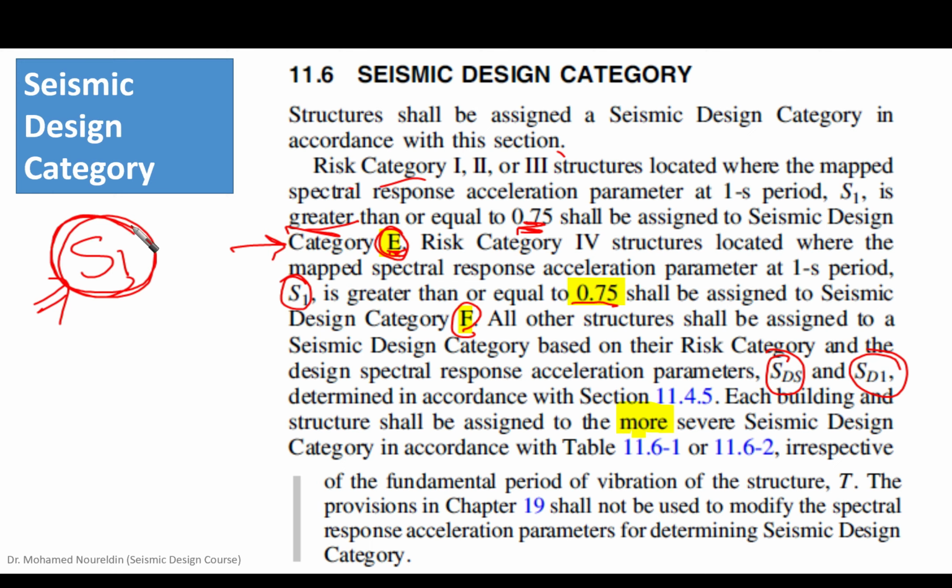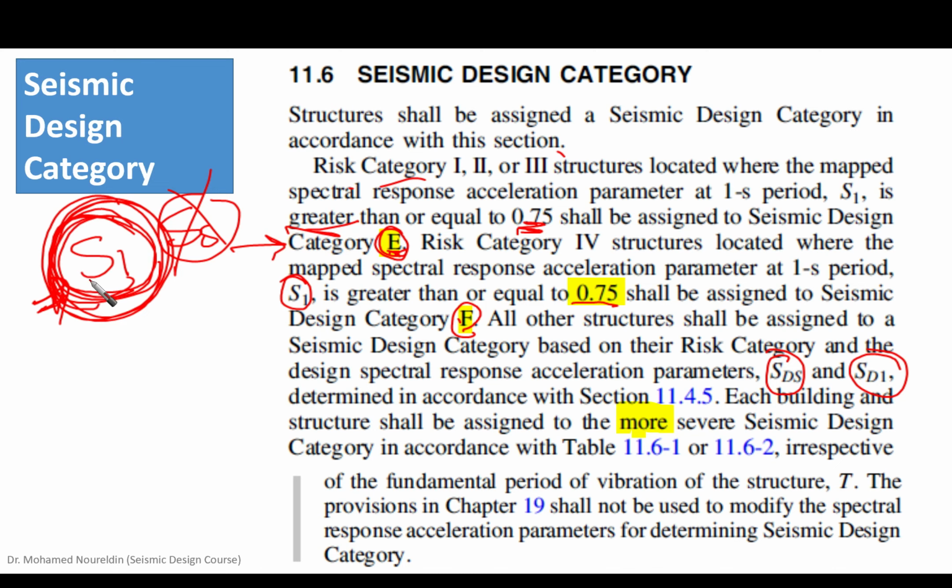Why? Because we think that spectral acceleration at long period, meaning 1 second or more, is more relevant to near fault, not S sub S. S sub 1 would be more relevant. And we said that E and F are sensitive to this; we are going to consider the near fault cases.